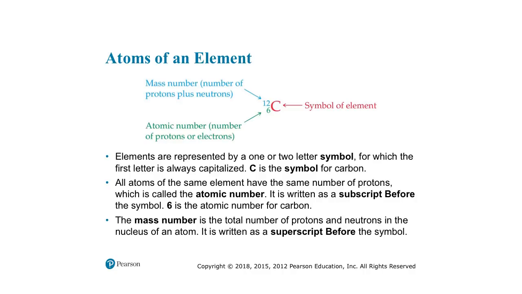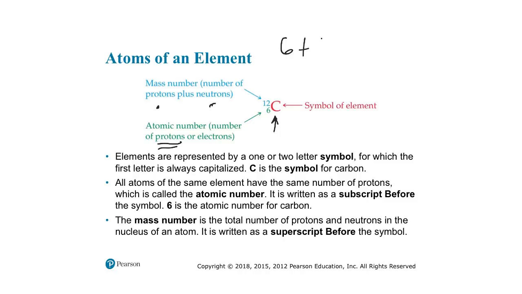So let's go over some nomenclature for how we can give symbols for our different elements. Our different elements, of course, each have their own abbreviation, and the atom type is defined by the number of protons within the nucleus of that atom. What makes carbon carbon is having 6 protons in its nucleus. What makes nitrogen nitrogen is having 7 protons in its nucleus. And then our mass number is the number of protons plus the number of neutrons.